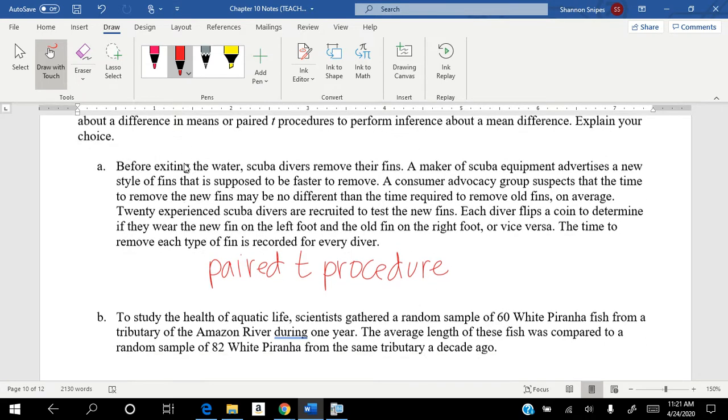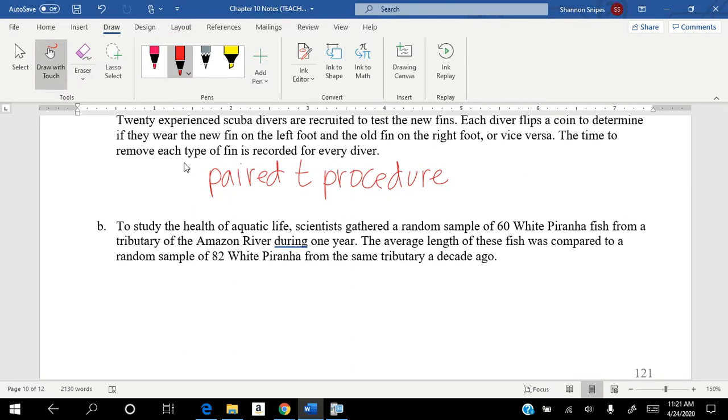All right, to study the health of aquatic life, scientists gathered a random sample of 60 white piranha fish from a tributary of the Amazon River during 1 year. The average length of these fish was compared to a random sample of 82 white piranha from the same tributary a decade ago. Now, I hope you can see you have 2 distinct samples.